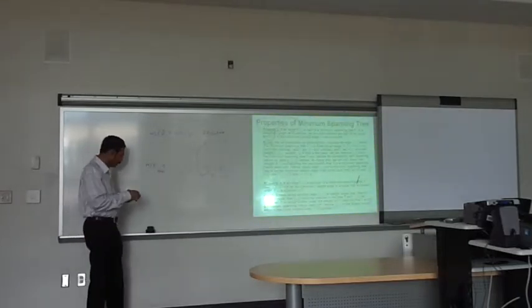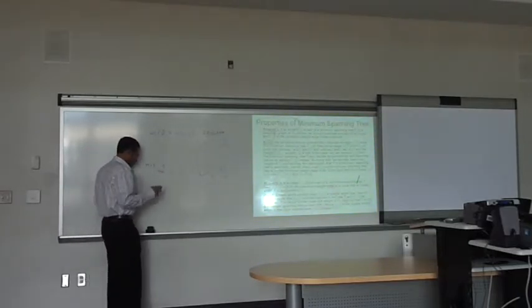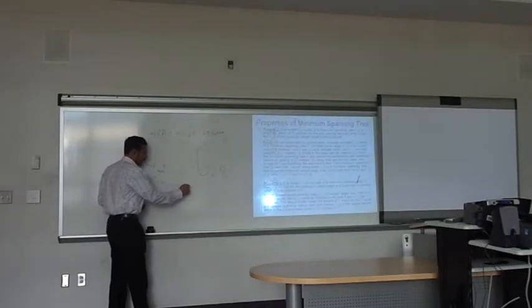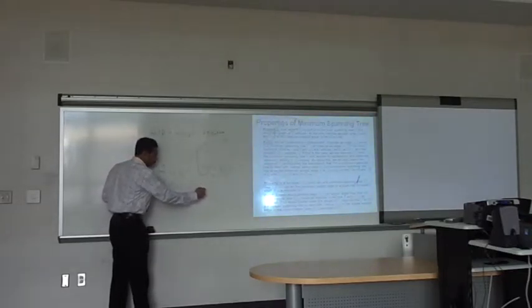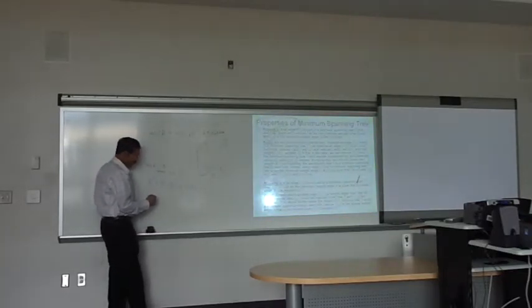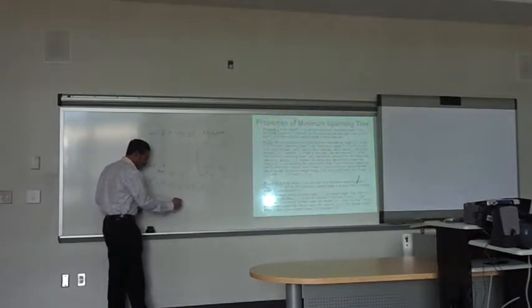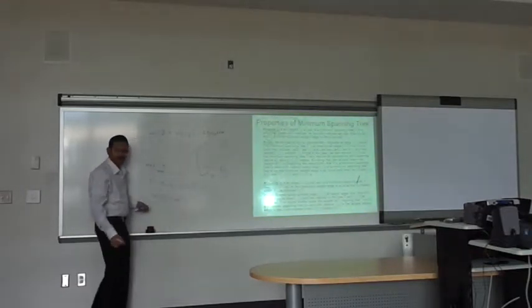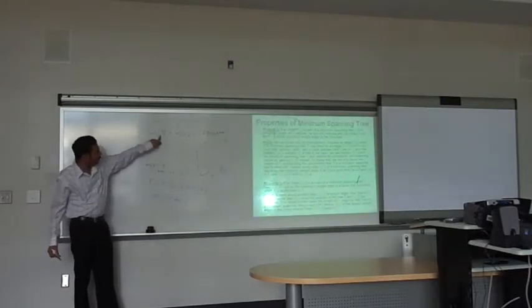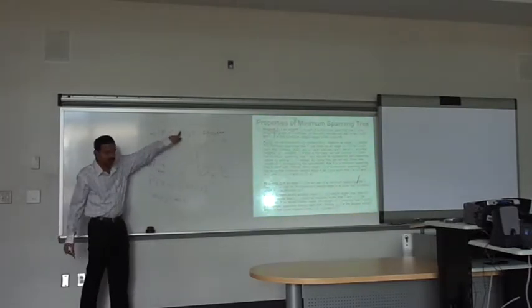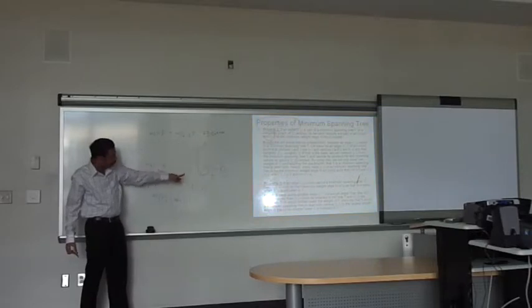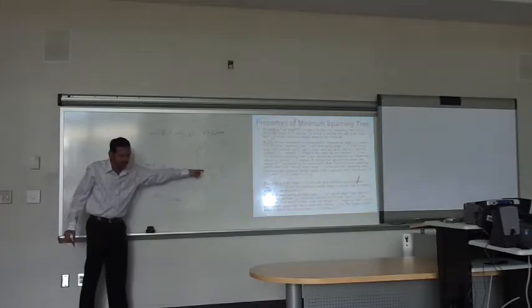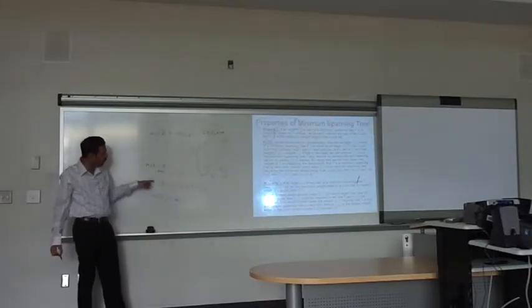Because what we are doing is this transformation. We are constructing a new tree T prime by removing i comma j and adding i prime j prime. By doing this, the weight of the new tree T prime is going to be less than the weight of T, because i prime j prime is strictly less than the weight of ij. So by removing ij and adding i prime j prime, we are going to only reduce this.